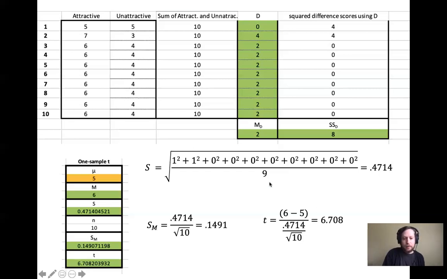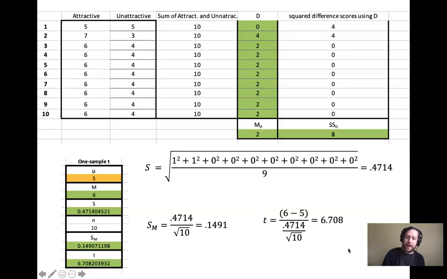And so now we can go ahead and calculate t right here, the one sample t. 6 is our sample mean. 5 is our hypothetical population mean. So the numerator will be 1. And then we're dividing by our sample standard deviation, which we just calculated, 0.4714, divided by the square root of 10.